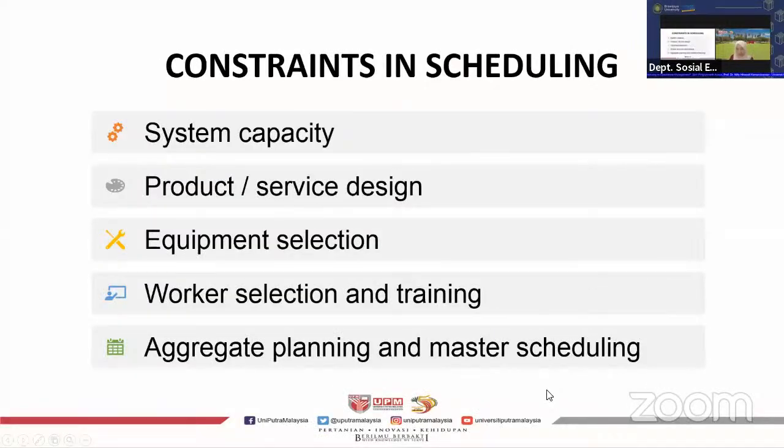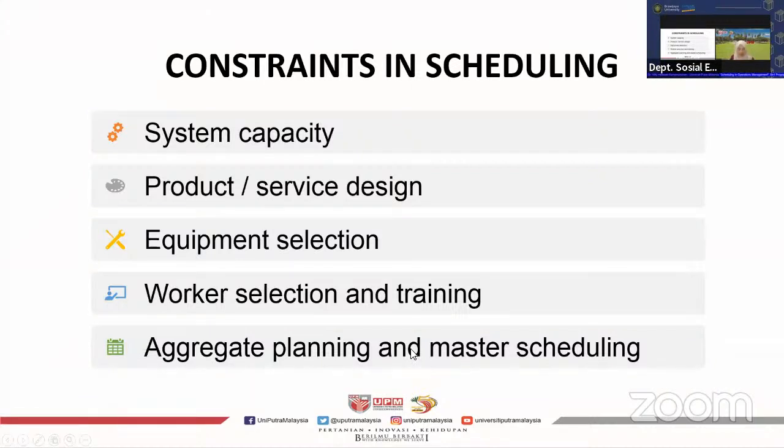All right, to share with you the constraints in scheduling, of course, we need to have a very good system capacity. If you don't have a very good system capacity, you cannot do very good or effective scheduling. Right, so you also need to have a product or service design, a proper, well-designed product design. You need to have dedicated equipment, with equipment selection for this batch, this production flow, this production process.